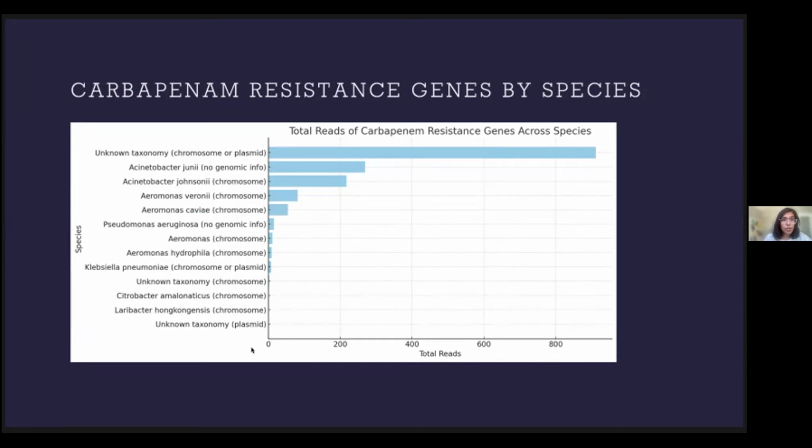So this shows you the resistance that we found across some species. It also tells you whether the gene is in the chromosome or in the plasmid, so you can tell if it's integrated in the genome or separate, which will tell you something about the host and the pathogen.